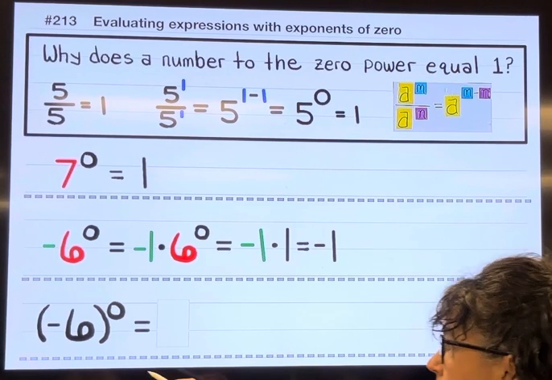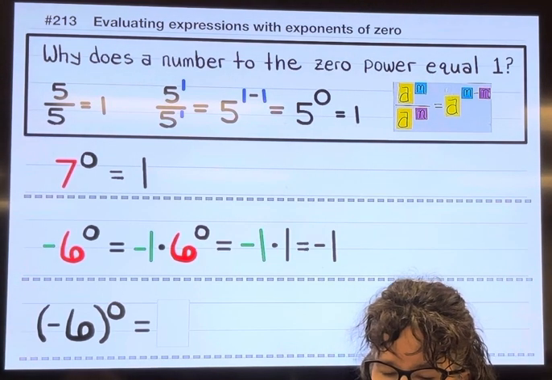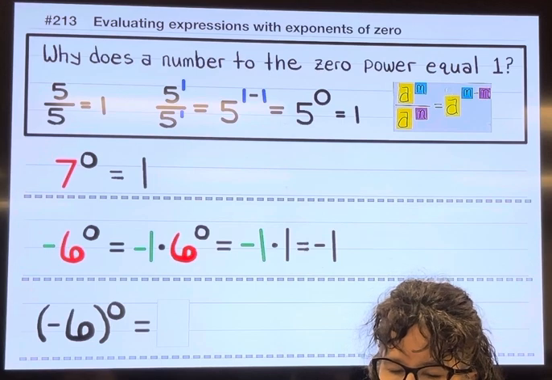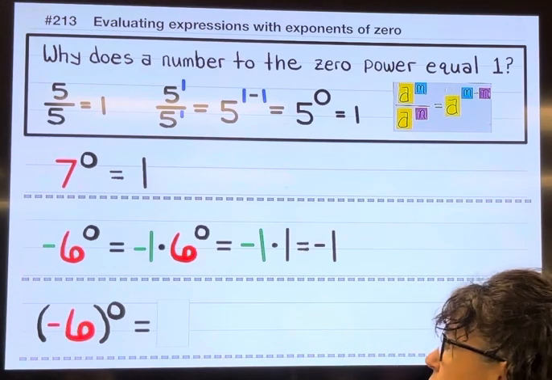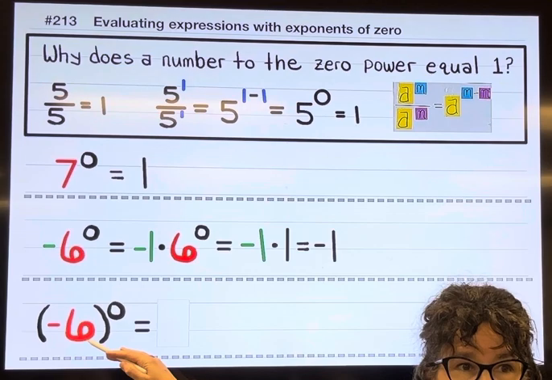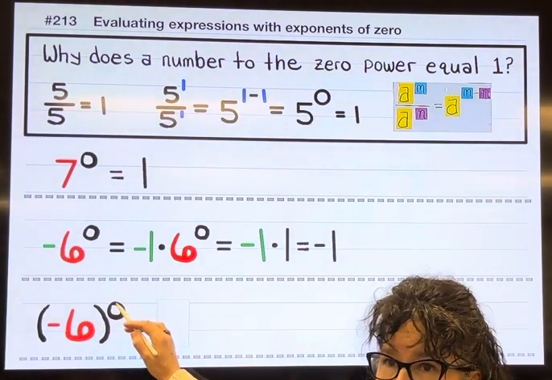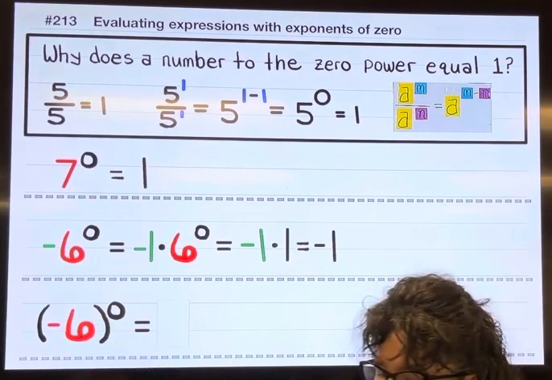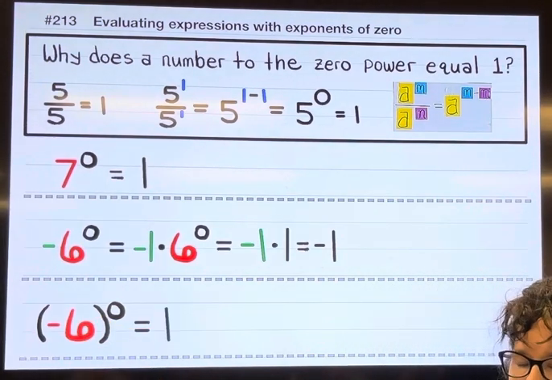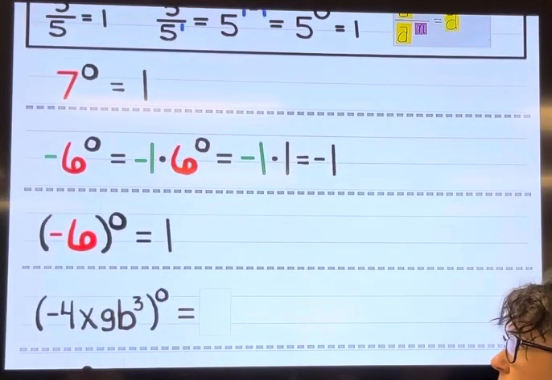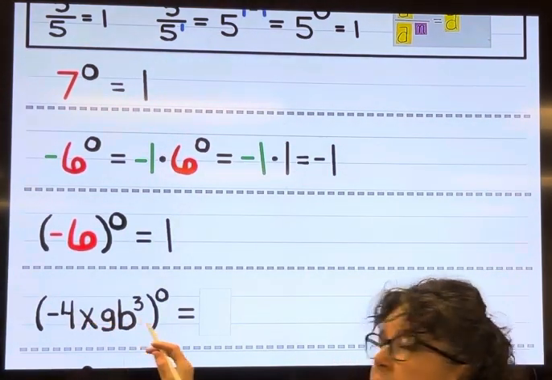Okay, now this time, we have -6 in parentheses to the 0 power. That's different. Everything in the set of parentheses is to the 0 power. So this does equal 1. Okay, this one here, everything is in parentheses.